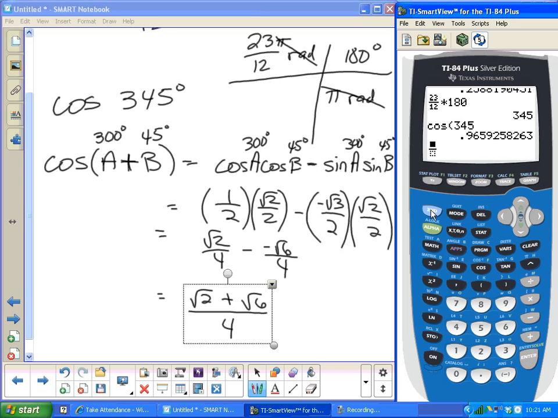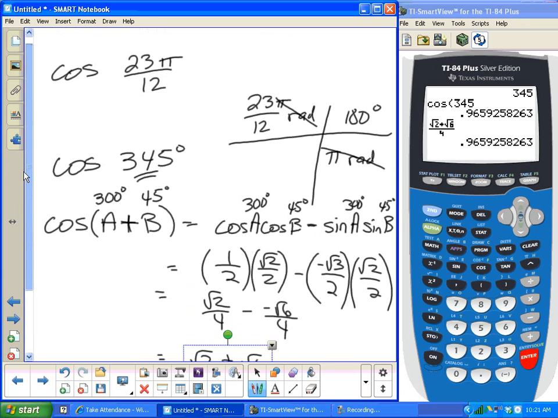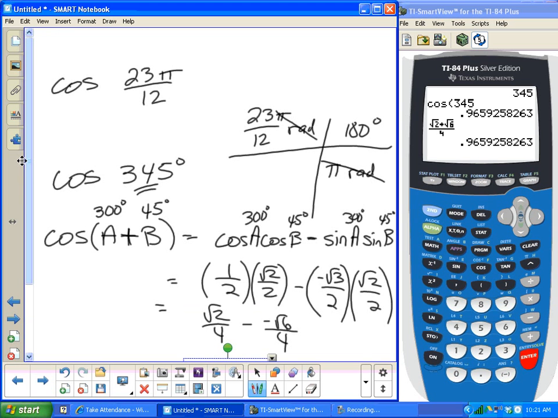Okay, so we got square root of 2 plus square root of 6 over 4. All right, got it right then, right? Now, because I punched in 345, I didn't have to switch to radians. If we punched in 23 pi over 12, we'd have to switch to radian mode on my calculator.